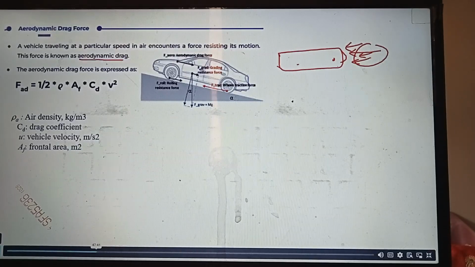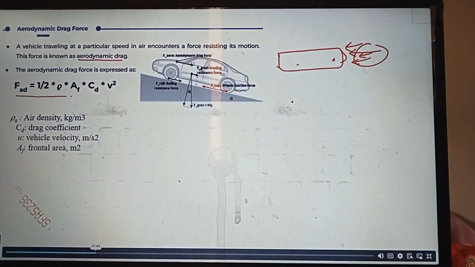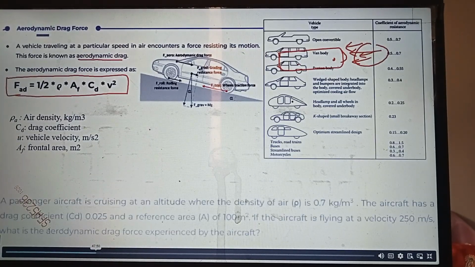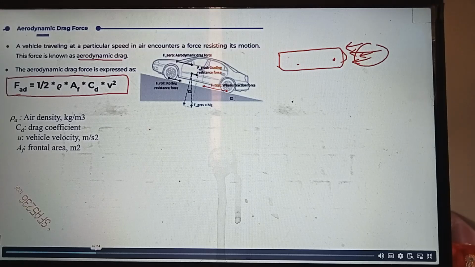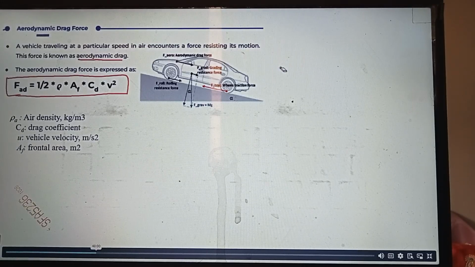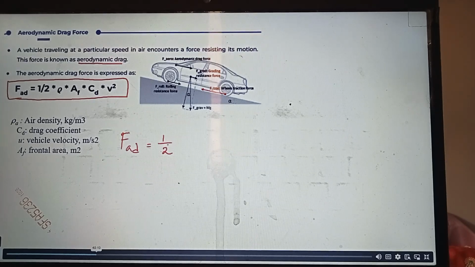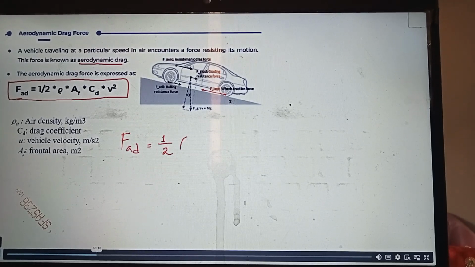This aerodynamic drag is calculated by this interesting formula. F aerodynamic drag is given by half. Half means 0.5, a constant number, into rho.